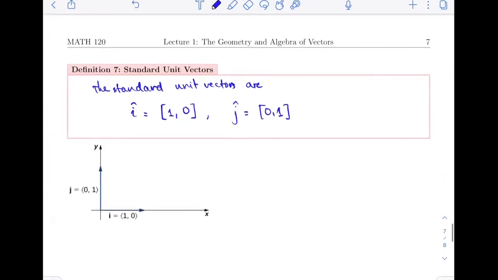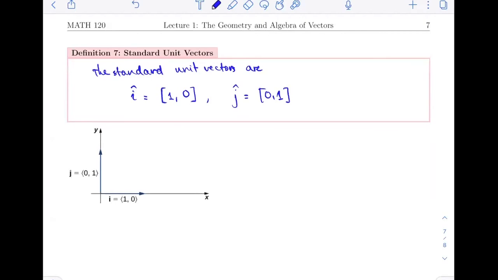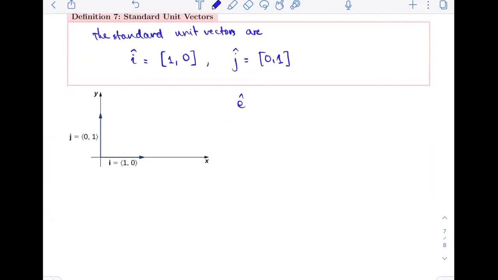Right. In addition to these notations, i hat or j hat, there's another notation that is quite useful for us to know, and probably gets used a lot in linear algebra compared to calculus, which is e hat 1 equal to 1, 0, and e hat 2 equal to 0, 1.